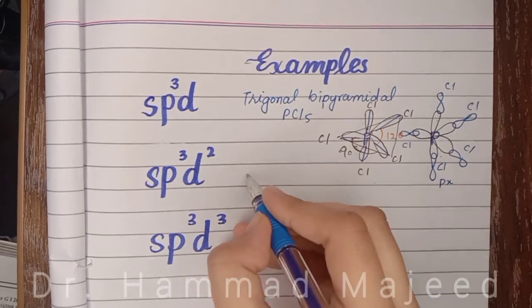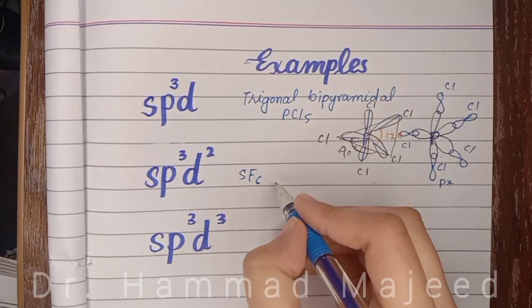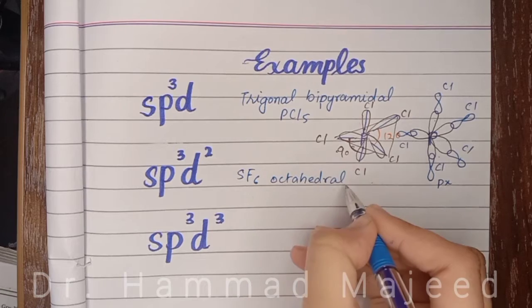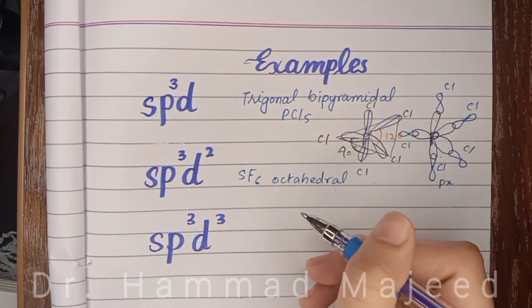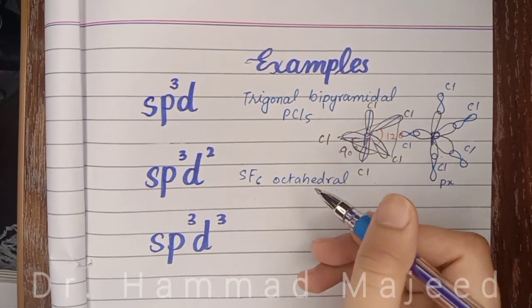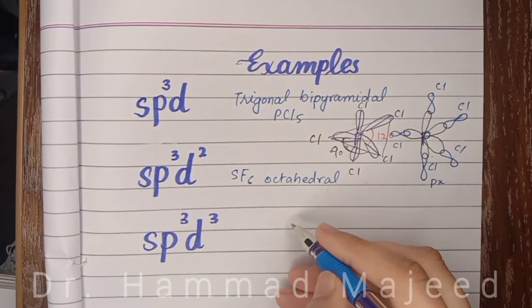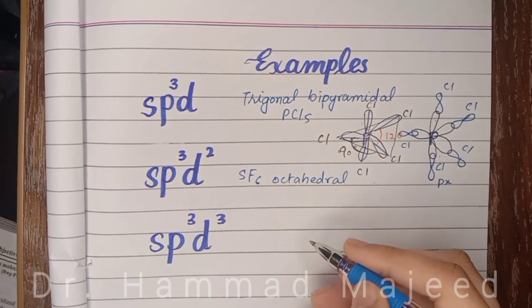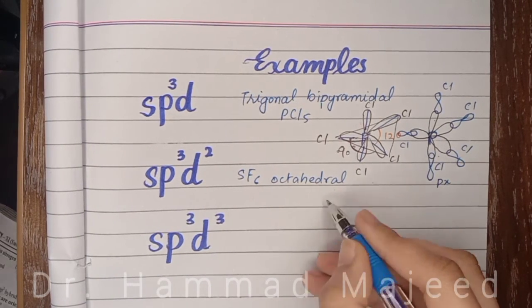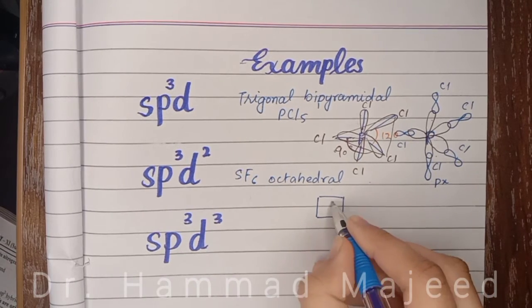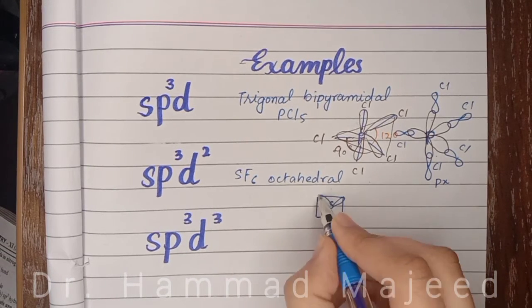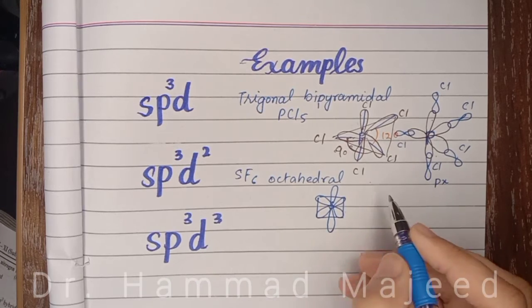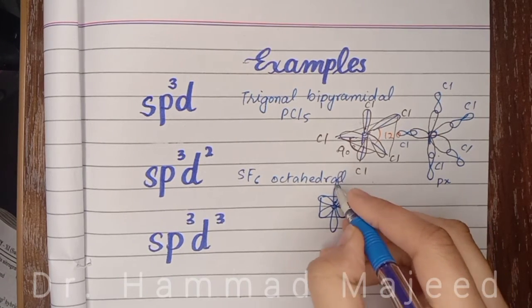Now in the sp3d2 hybridization, SF6 is the example, and the shape, as we discussed before, is octahedral, which means it has 8 faces. The structure of SF6 is described briefly here. In one plane, there are 4 hybridized orbitals, and the other 2 are in the next plane.